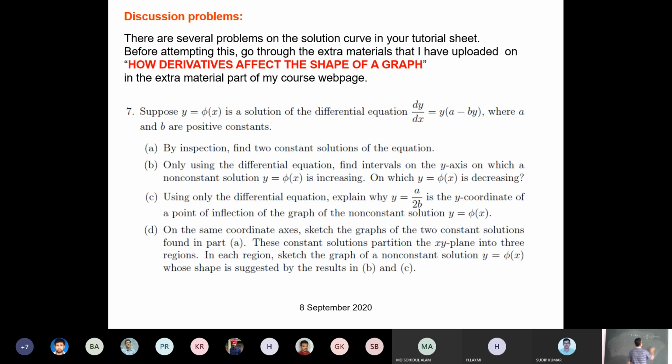So I may be using the whole blackboard. So a minus bx. Okay. So now obviously your dy/dx will be greater than 0 when both of them are greater than 0. Fine.